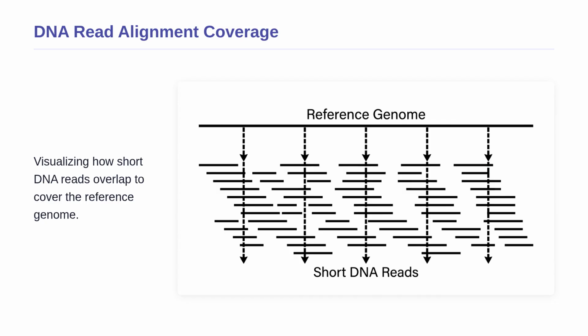These represent the individual short DNA reads generated by the sequencing machine. The vertical dashed lines show how these short reads align to specific positions on the reference genome. Notice how multiple short reads stack up under the same region. The number of overlapping reads at any specific vertical slice is exactly the coverage we just calculated.